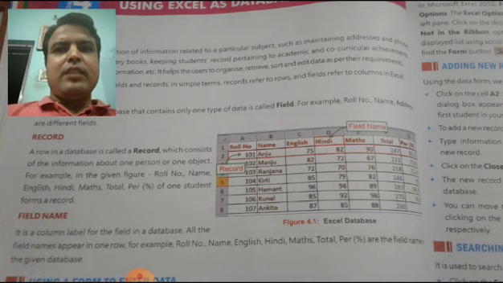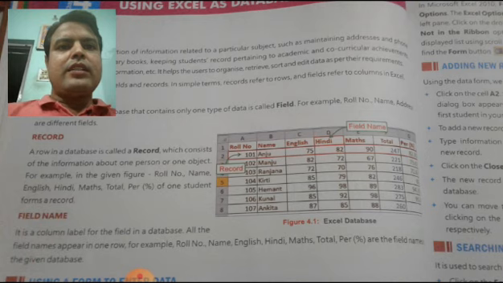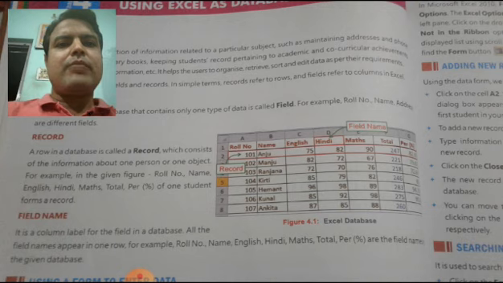In the database table, each column represents a field and each row represents a record. Let us define field and record. A field is the column in a table that consists only one type of information. Look at the figure 4.1 in the given table. Roll number, name, English, Hindi, etc. are the names of the fields.